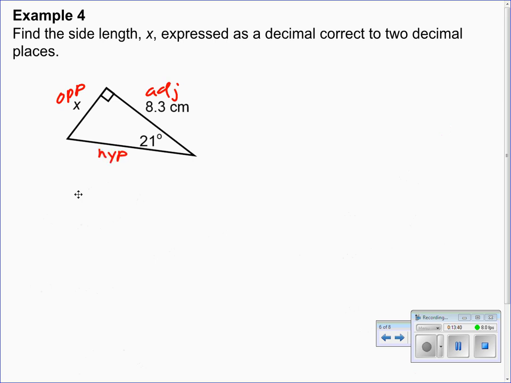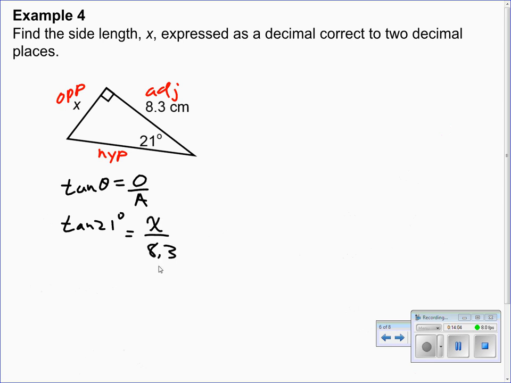Now that I've done that, you need to set up your tangent ratio. So your tangent ratio is tan of theta is O over A. And all we're going to do is fill out all the stuff that we know. So when we fill it out, you're going to get tan of 21 degrees is equal to what?